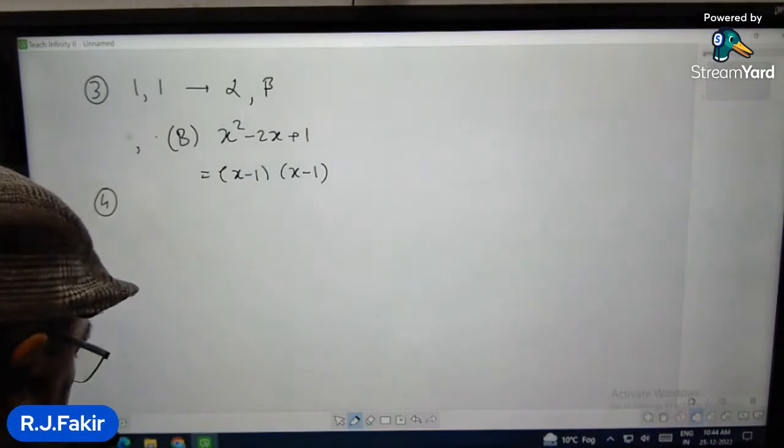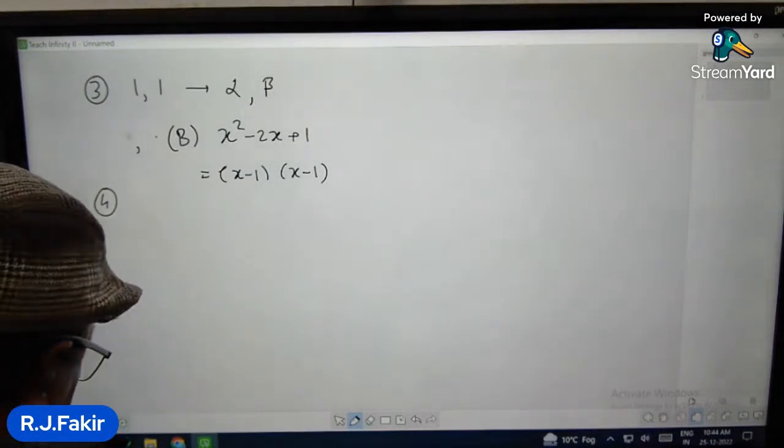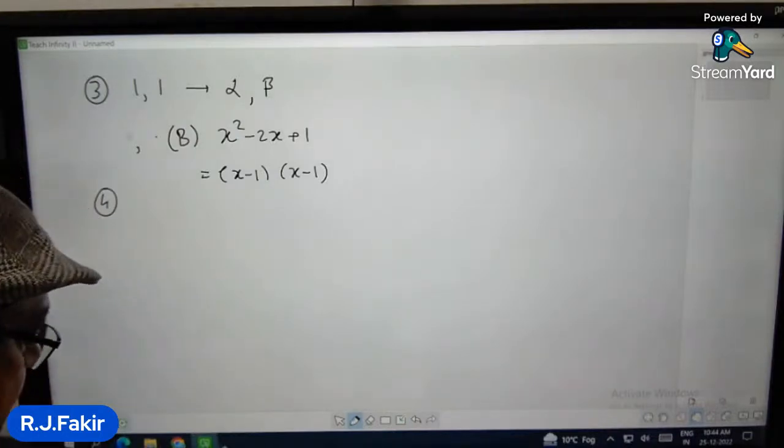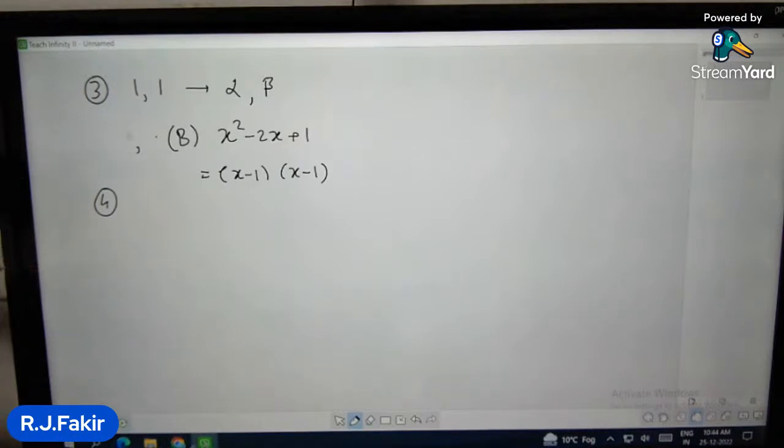Now in question number 4, we are given two triangles. They are similar, ABC and DFE.